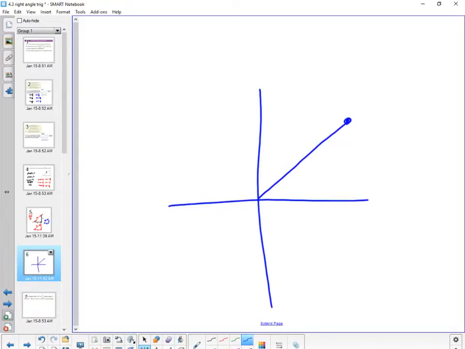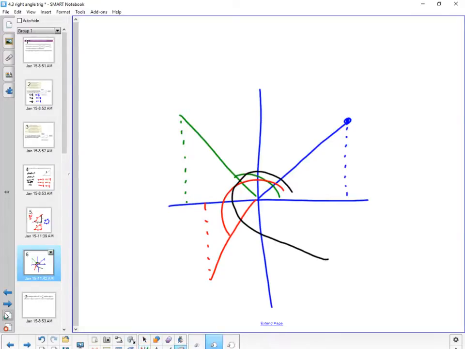So I draw that, and then yes, I always come back down to X. If I end up in quadrant 2, where my angle terminates here, I would come back down to X. And if my angle were to terminate down here, I would come back to X. If I were to terminate in quadrant 4, then I would also come back to X. And whatever the difference is for the small angle is what I would use.